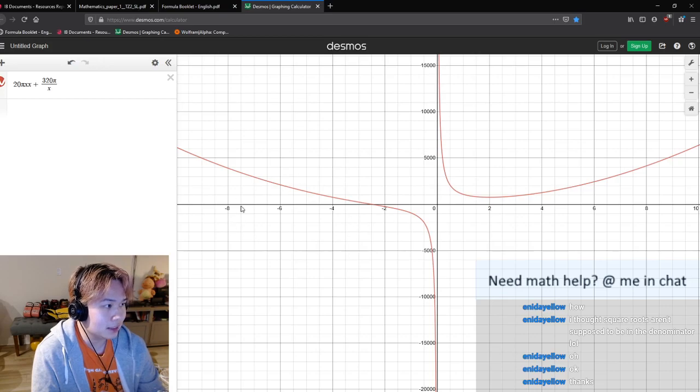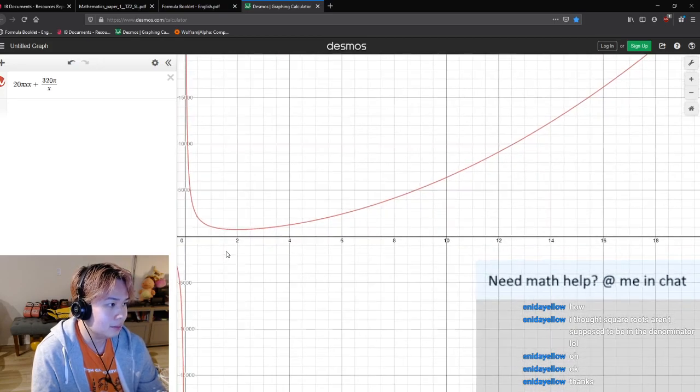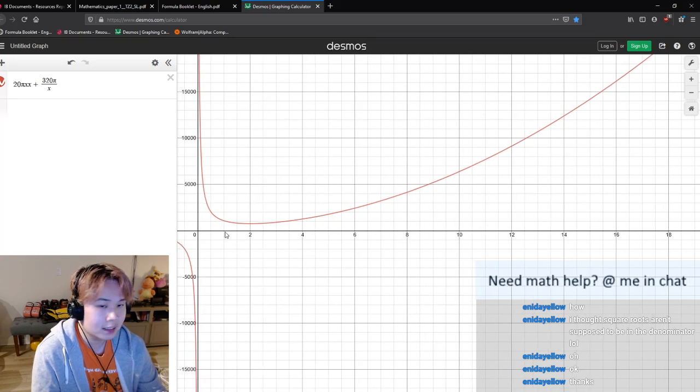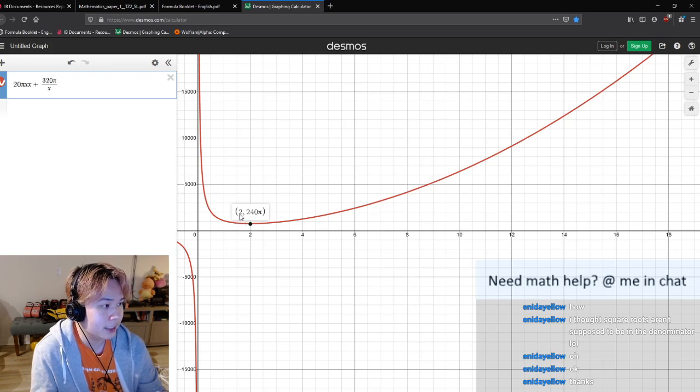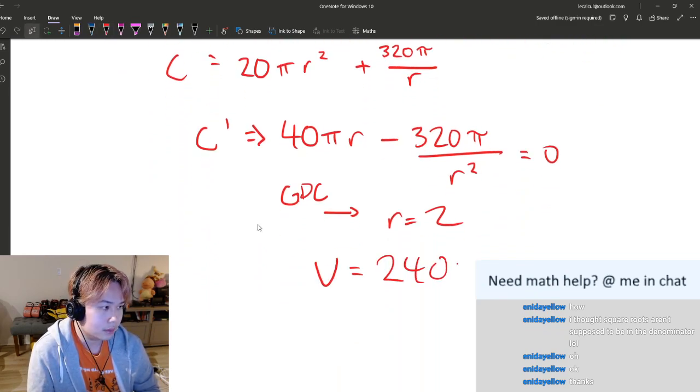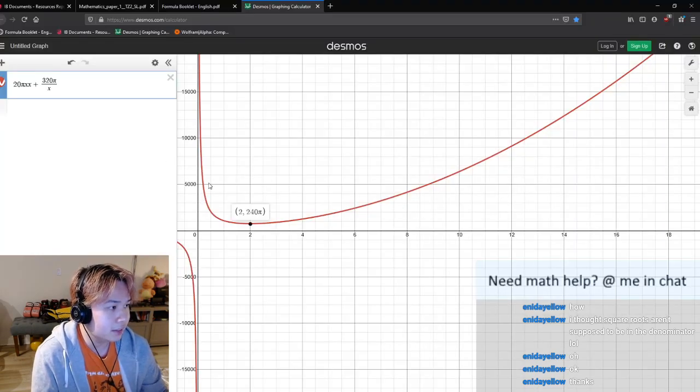Of course, we don't need to consider negative values because that would be negative radiuses, radii. And then Desmos can find the minimum, which is, again, radius of 2. And it even gives you the volume. It's 240 pi. So then we're done. Okay, so all I had to do was just play around with the scale of my graph.